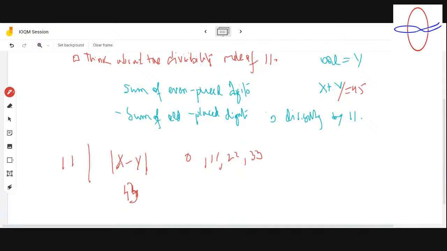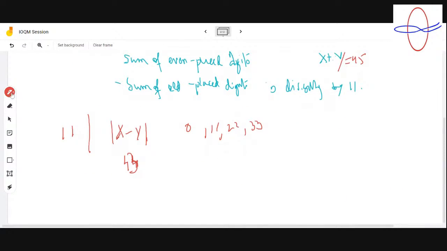Do you understand this stuff? If you understand this, let's take these cases.